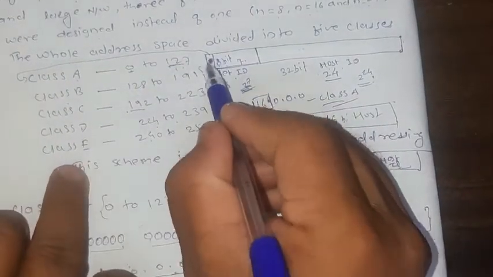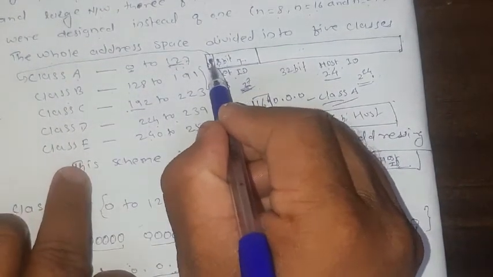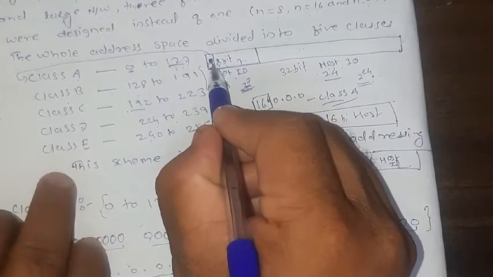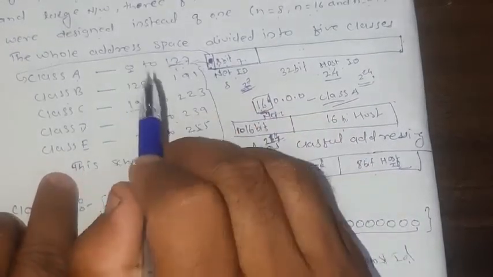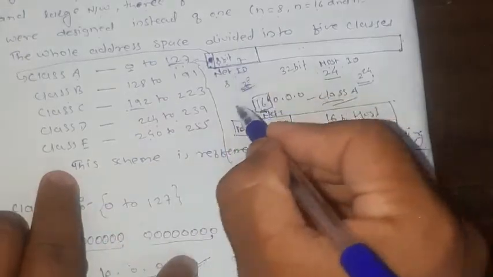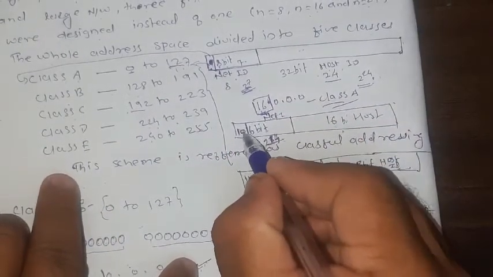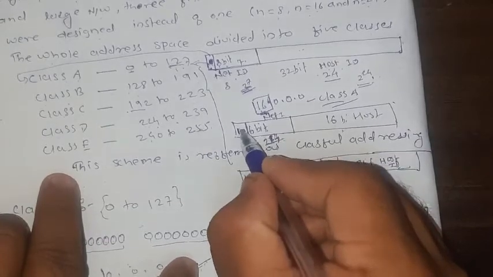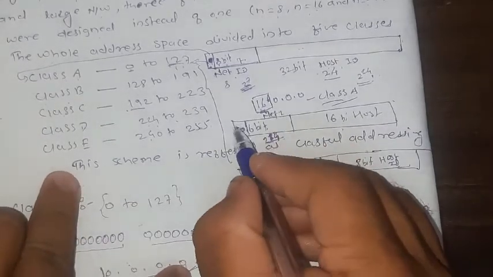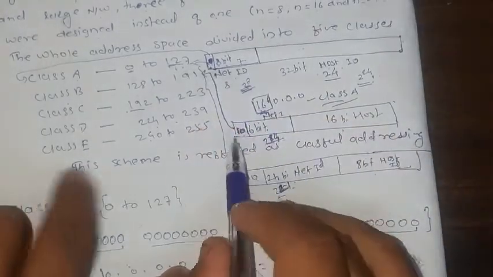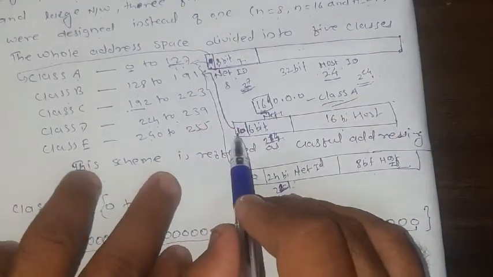It means whenever the first bit of the IP address is 0, that IP address belongs to class A. Okay. Next, in class B, whenever the first two bits are 1 and 0, it clearly indicates this IP address belongs to the class B category.